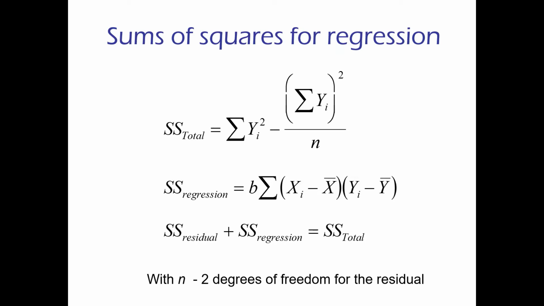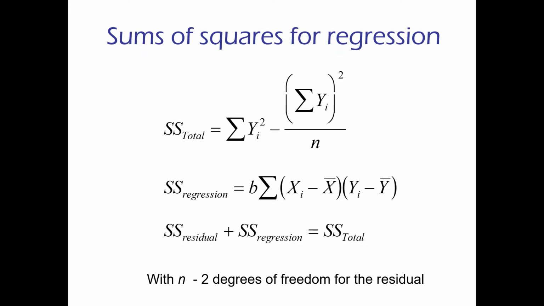For the SS regression, what we need is b, our estimated slope, xi, each value of x, x bar, which is the calculated mean of all x, yi, which is each value of y, and finally y bar, the estimated mean of all y values.